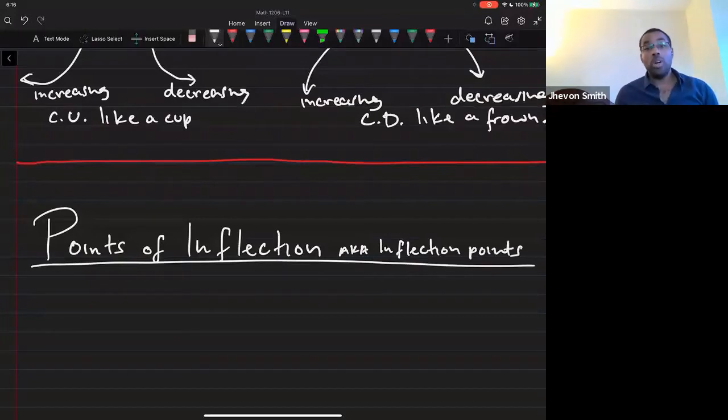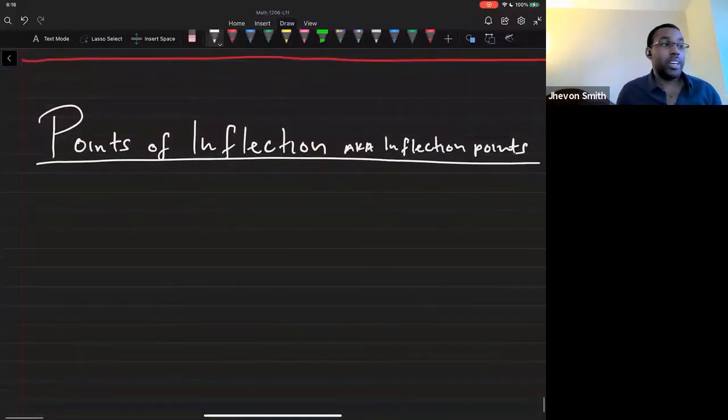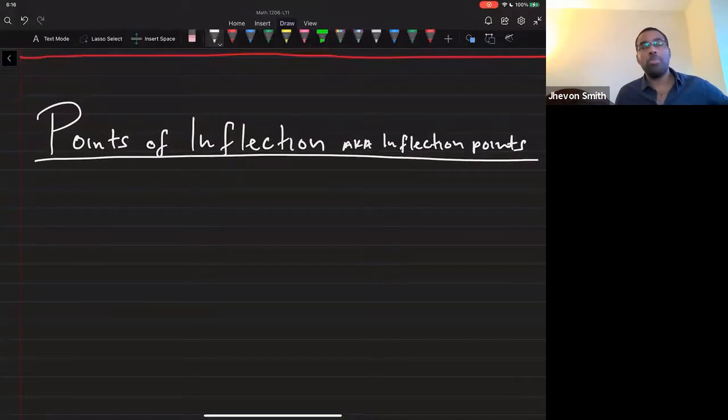Okay, so what is a point of inflection or an inflection point? This is pretty much a point where you switch concavity. So before that point, you were concave down. Then after that point, you're concave up. And your function actually passes through that point. So it's a point where your function is continuous, and at the same time, you switch concavity on either side of that point. This point is called a point of inflection. It can go from concave down into concave up, or concave up into concave down.